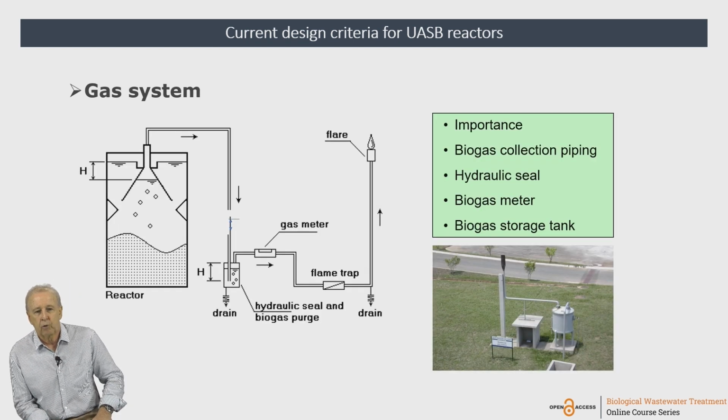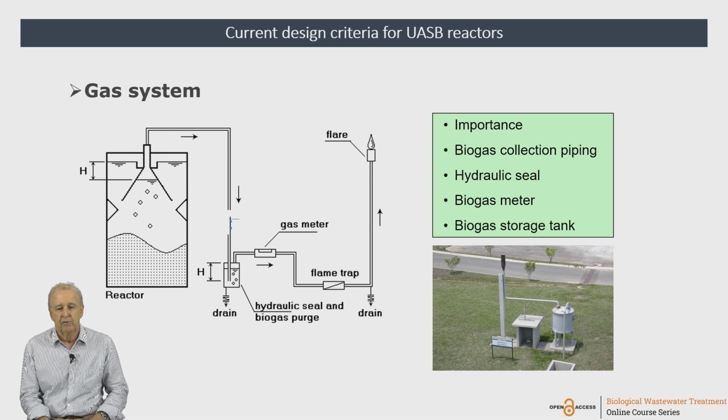Here, the current design criteria for the gas system. This can vary a lot, inclusive depending on the size of the treatment plant. But usually what we have is the three-phase separator, and usually we have a hydraulic seal that allows us to put some pressure inside the three-phase separator.